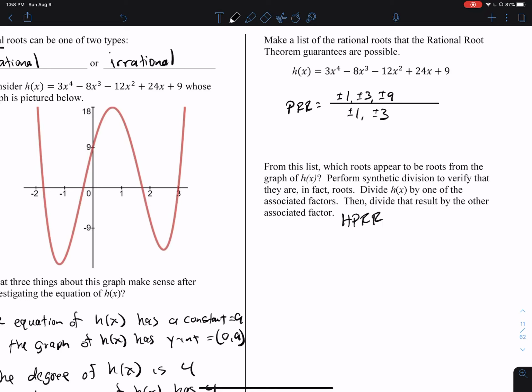So, highly possible rational roots. Can we make sense of this one? It's something that's between -1 and -2. And we don't have that as a choice. None of these rational roots are between -1 and -2. So we can't even estimate what that would be based upon this. How about between 0 and -1?